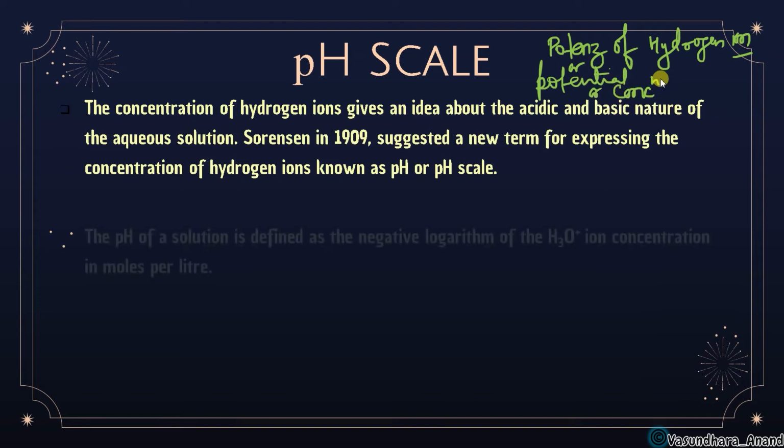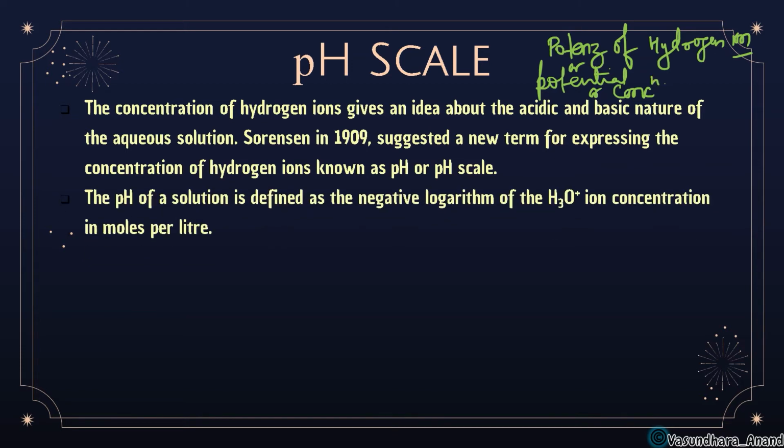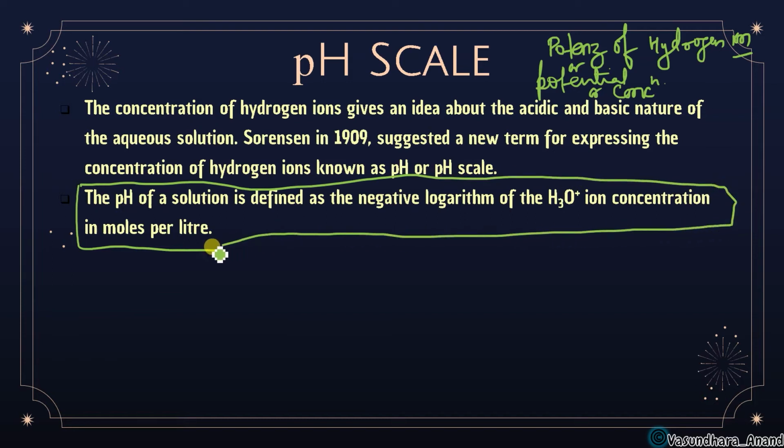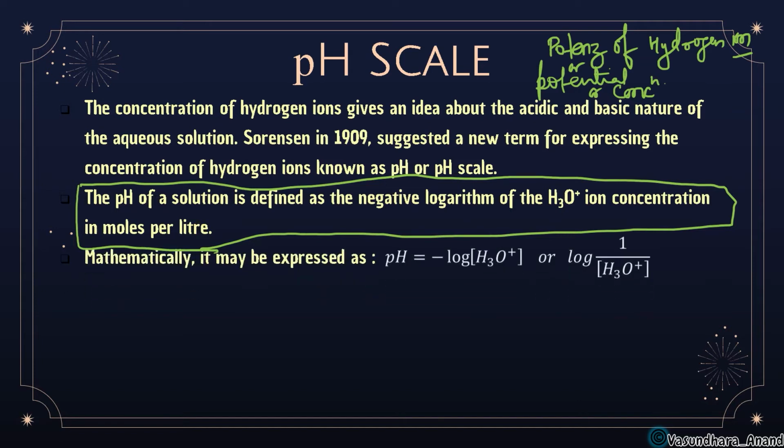The pH of a solution is defined as the negative logarithm of H3O plus ion concentration in moles per liter. This is the definition, if anybody asks how you can define pH. Mathematically, it is expressed as pH equals minus log H3O plus. This is the formula to be learned.